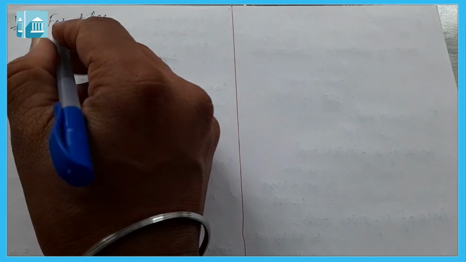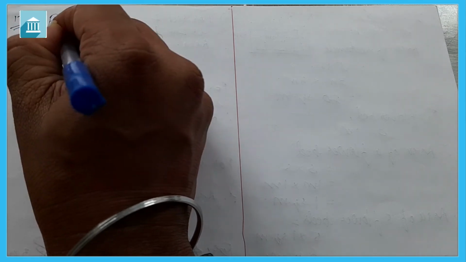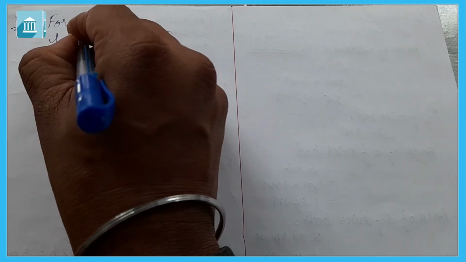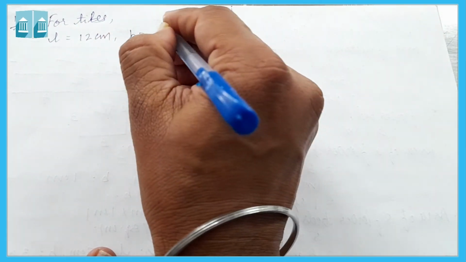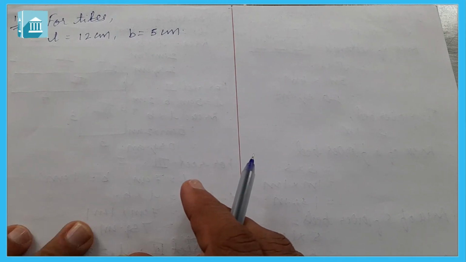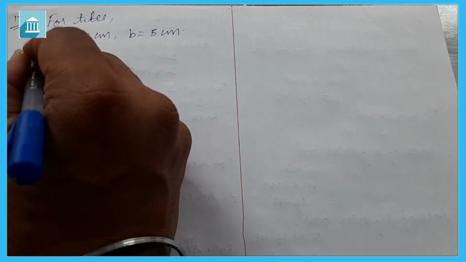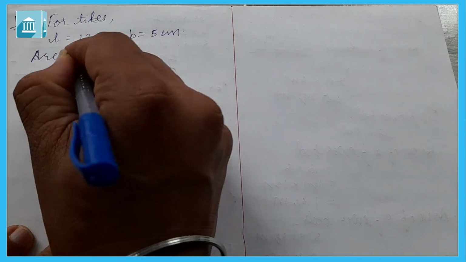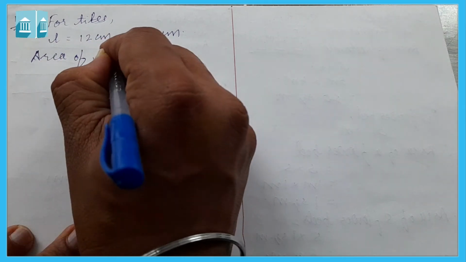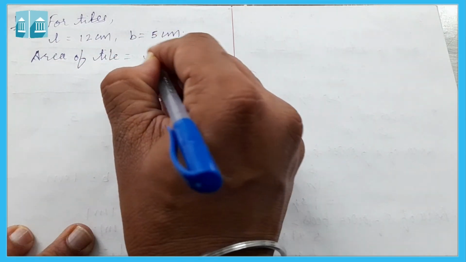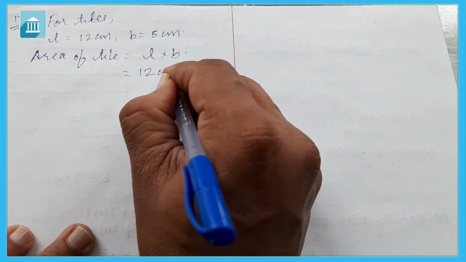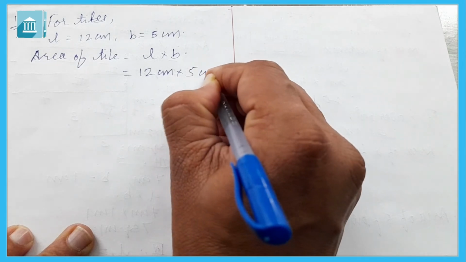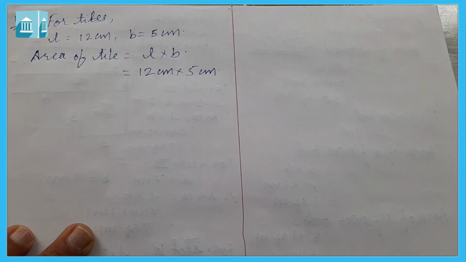For tiles, length is given 12 centimeter and breadth is given 5 centimeter. So we have to find out the area of one tile, which is equal to L into B, that is equal to 12 centimeter into 5 centimeter.